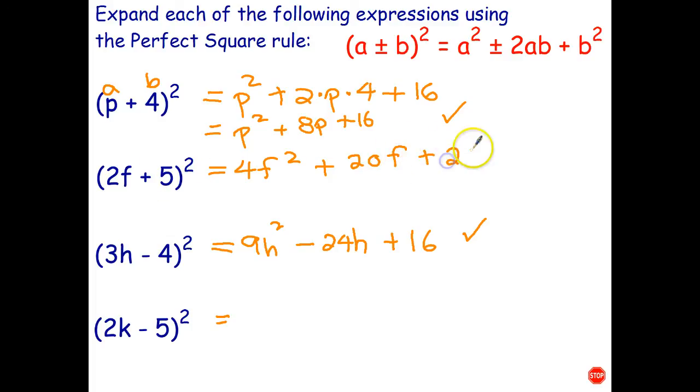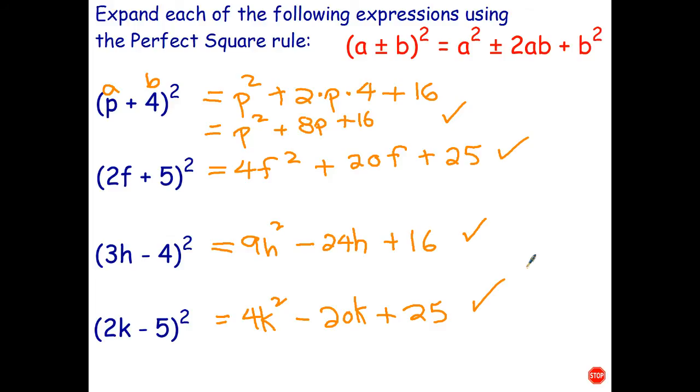Well, 5 squared is 25, and there's that expanded in 1 step. Okay, doing the second one, 2k times 2k is 4k squared. That's minus 2 times 5 is 10, times 2 is 20, so minus 20k, and plus 5 times 5 is 25, and there's the answer expanded in 1 step.